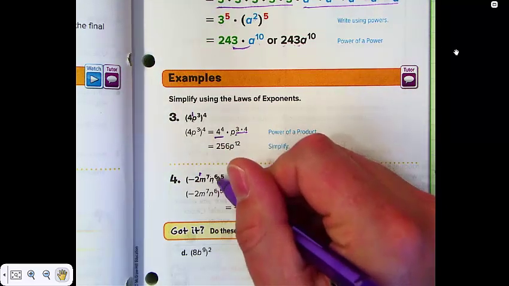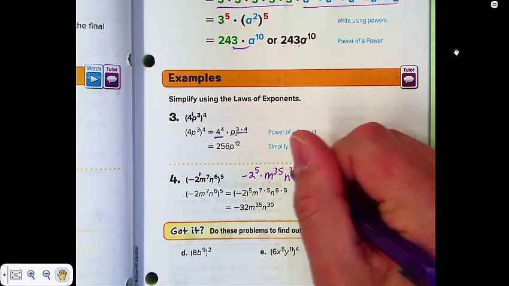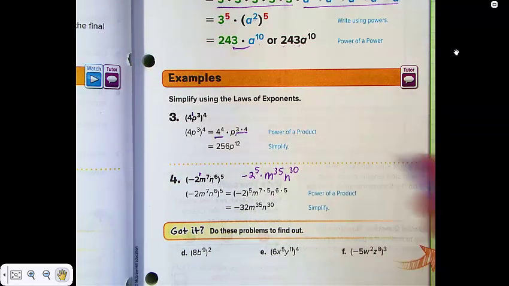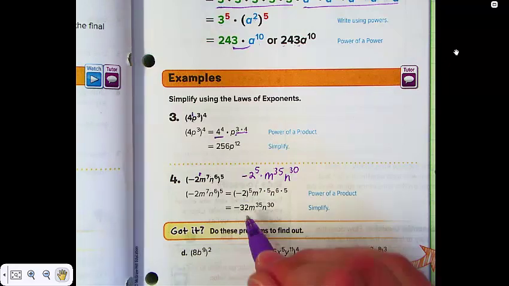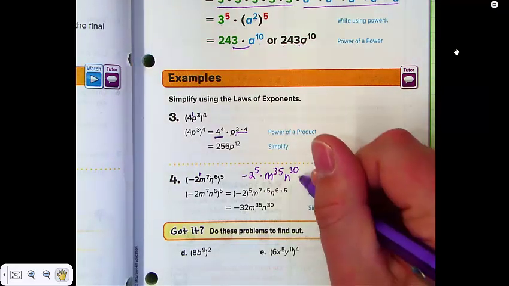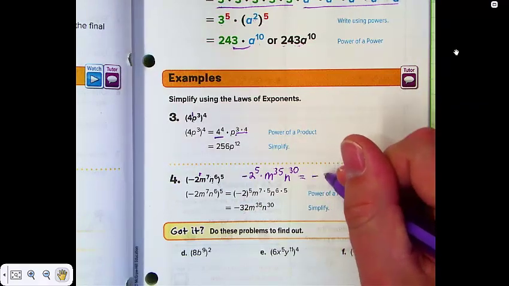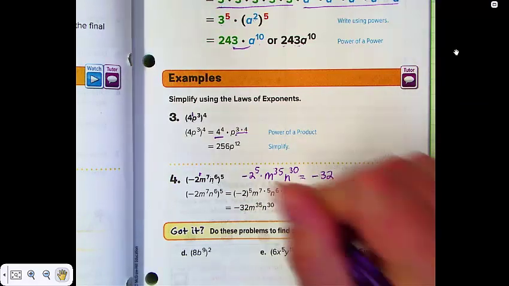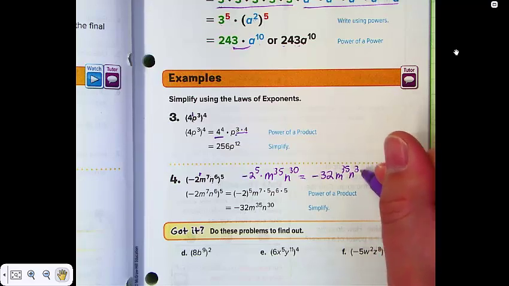Then n to the 6, 6 times 5 is 30, so I'm going to have n right there. Okay? Now I'm going to multiply this all out. 2 times 2 times 2 times 2 times 2, 5 times, will get me 32. So that's where I get that right there. Don't forget your negative out front, so I have -32, m to the 35th, n to the 30th.